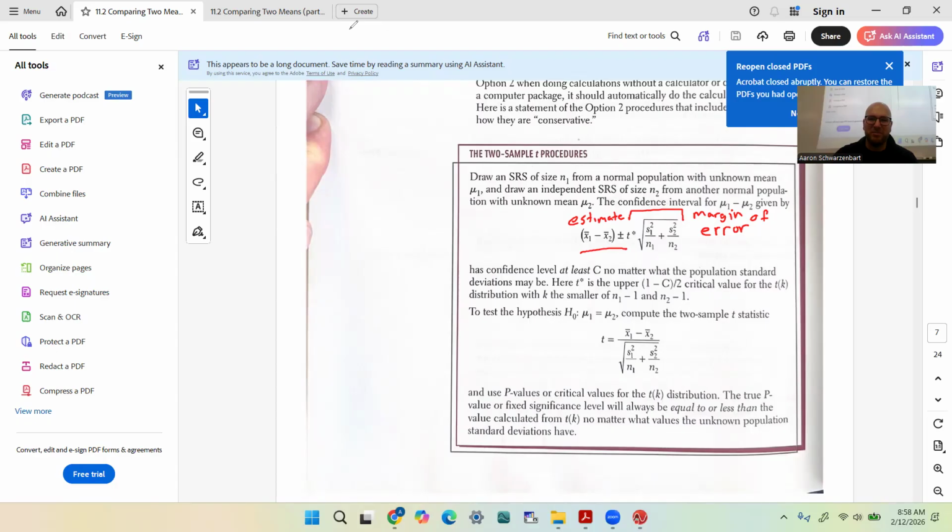I don't understand what T star is still. T star, that is related to the confidence level. Okay, let's talk about it. And this is where that shortcut on degrees of freedom might be helpful, if you had the n-1 from the smaller one.